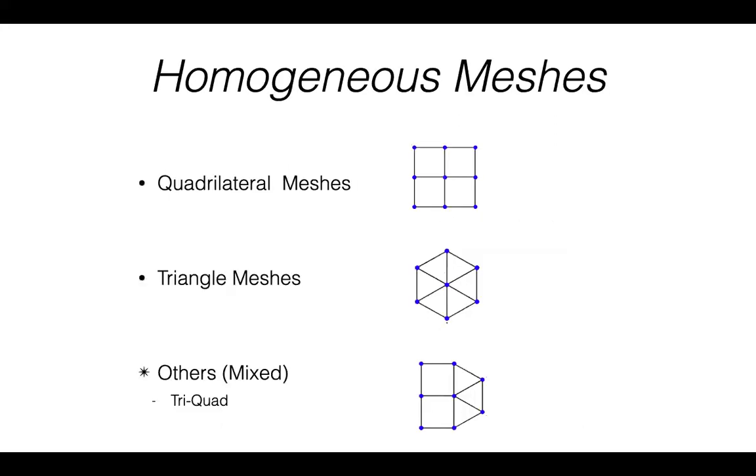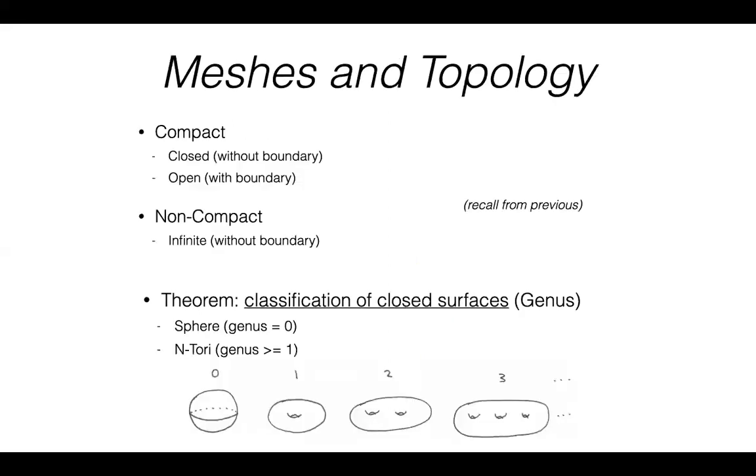The main types of homogeneous meshes are quadrilateral meshes, triangle meshes, and we have this one that would be equivalent to the semi-regular tilings. It would be like a 3-quad mesh, a mesh that combines quadrilaterals and triangles, and so this is very useful. And so these are mainly used in most systems that need good quality meshes.